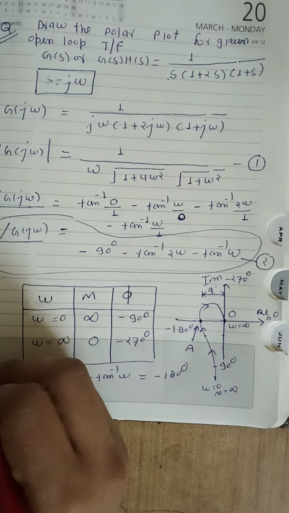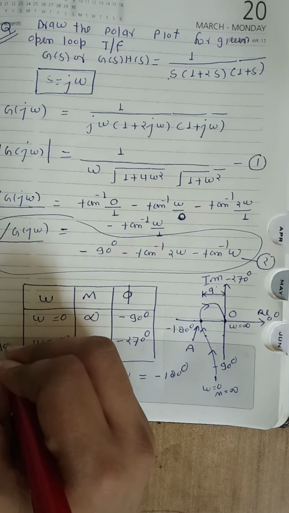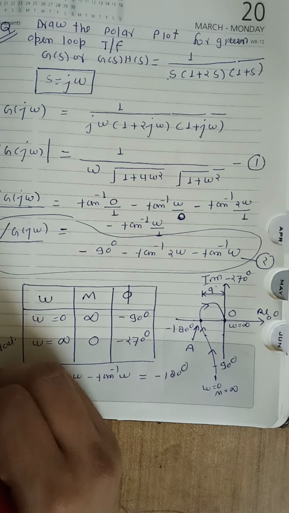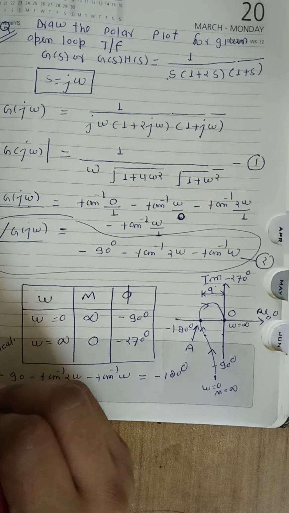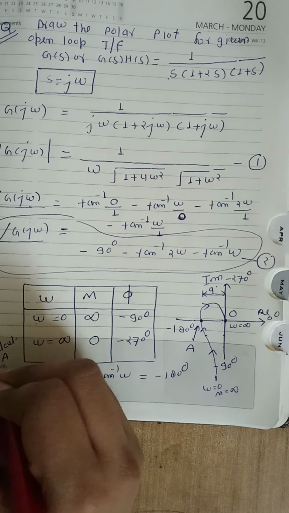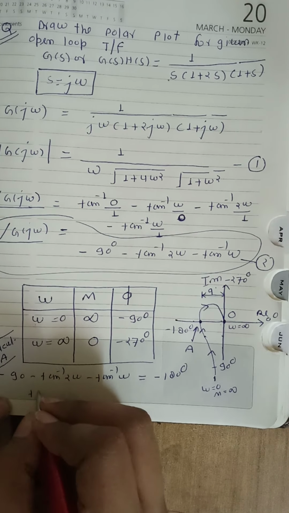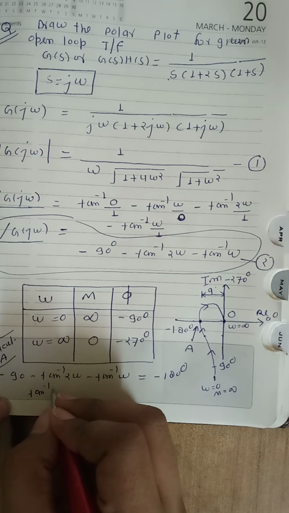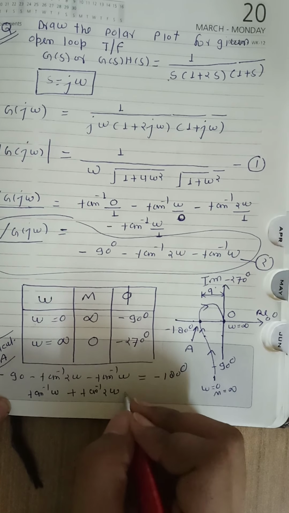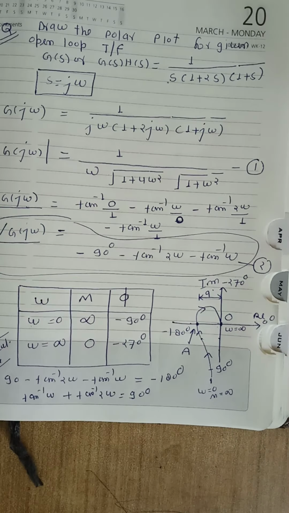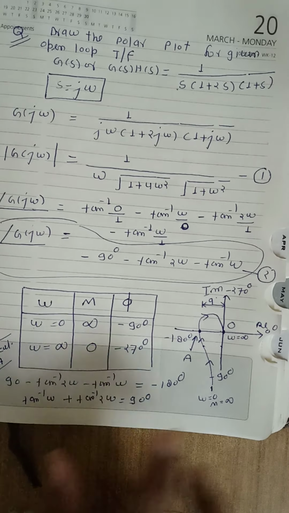This is for calculating omega at the intersection point, or you can say at point A. So we have tan inverse omega plus tan inverse 2 omega equal to 90 degree.